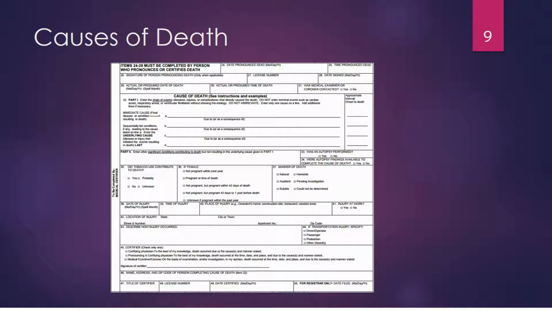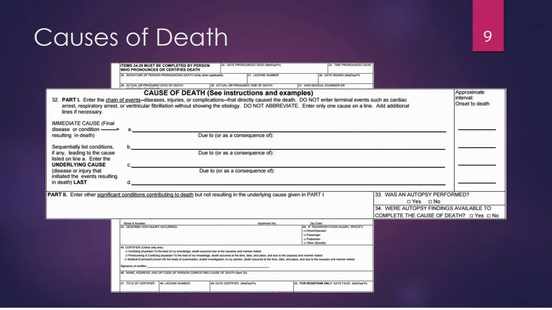He or she certifies the death and reports the causes, including the underlying or immediate cause of death and any important contributing causes. The certifying physician writes in the causes of death in the text fields on the form. All states send their death certificates to the National Center for Health Statistics, or NCHS, which is a part of the Centers for Disease Control and Prevention.